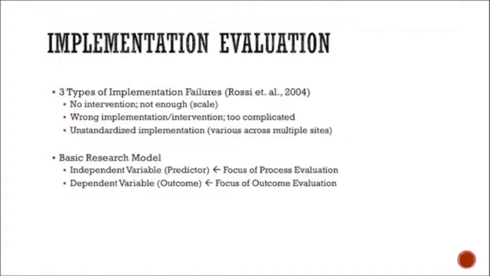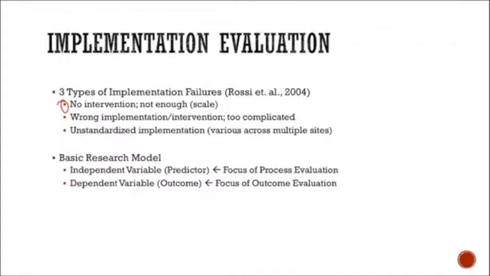The problem with that is that the other thing we need to worry about is whether or not the program is implemented successfully or not, because if it's not implemented the way it should be, then ultimately the net result is that there's a failure of implementation and it never had a chance of reaching the outcomes it wanted to in the first place. And these are the reasons we study implementation failures. Obviously, the first one that we have identified here is the no intervention or not enough scale implementation failure.